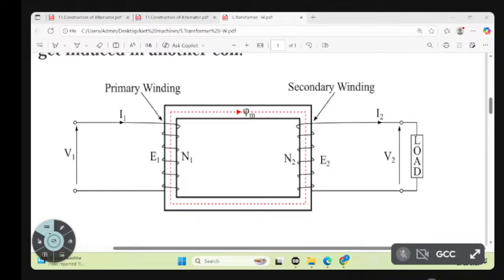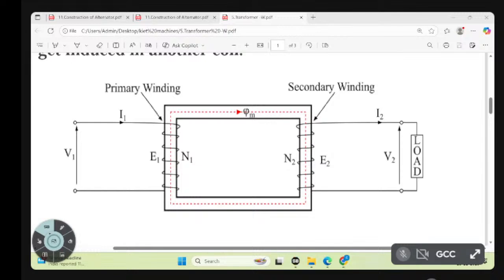Example, a mobile phone, any electrical equipment we will use here. So input and output. For the transformer there are two windings.